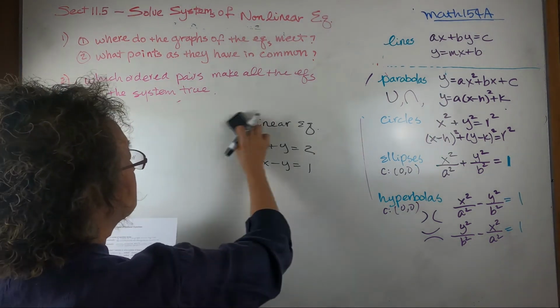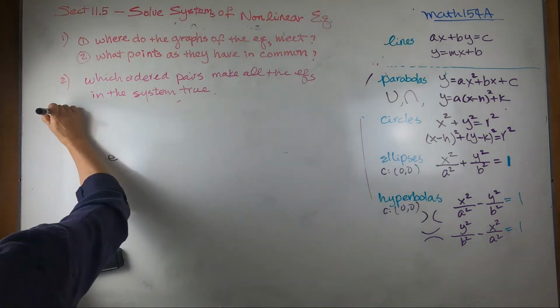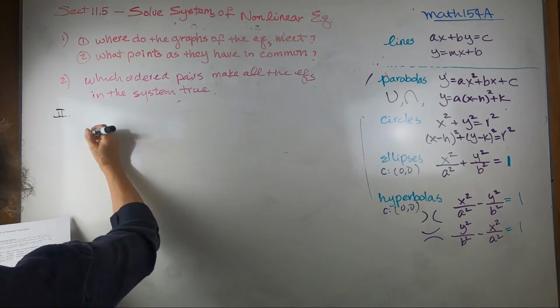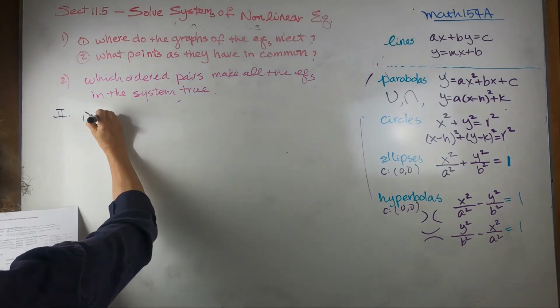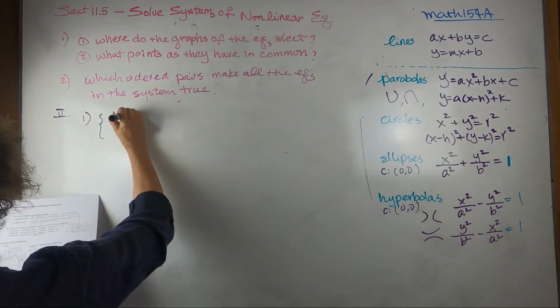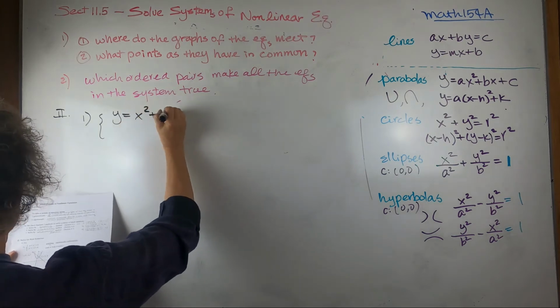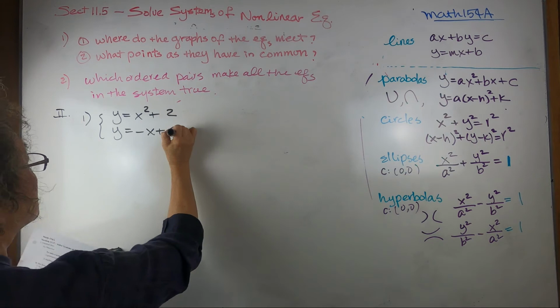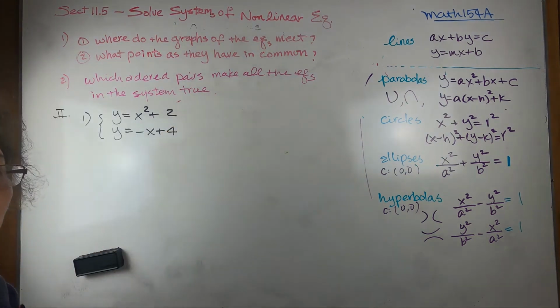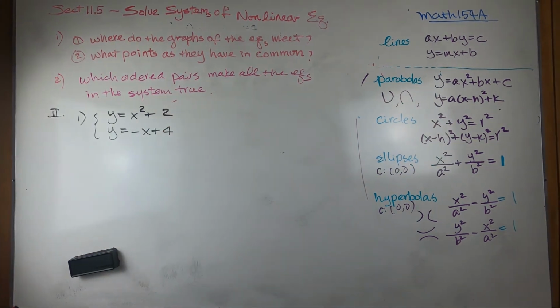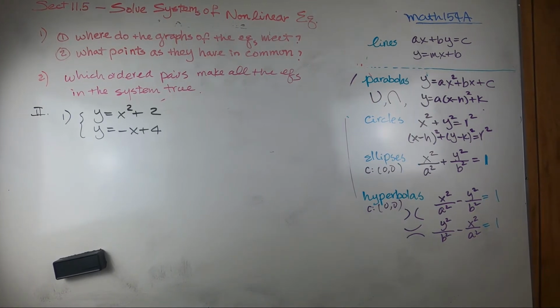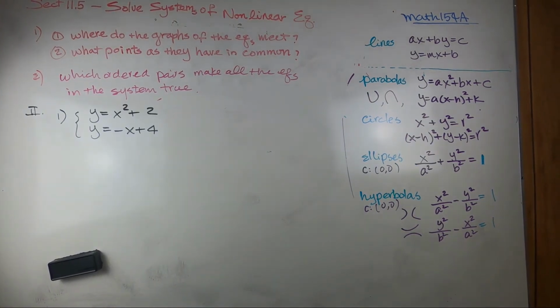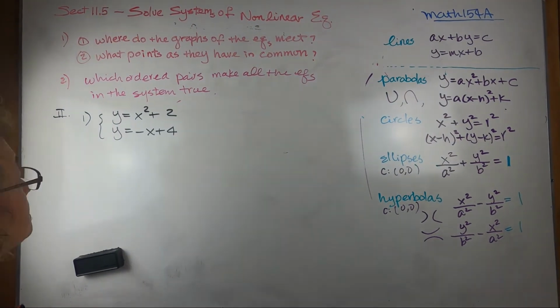So let's take a look. If we have this example on your page 52, y equals x squared plus 2, y equals negative x plus 4. When we look at it, we have to decide what kind of shapes they are first.